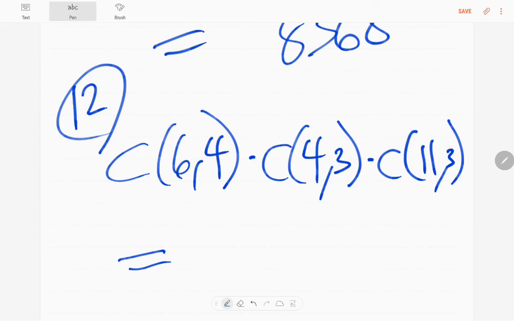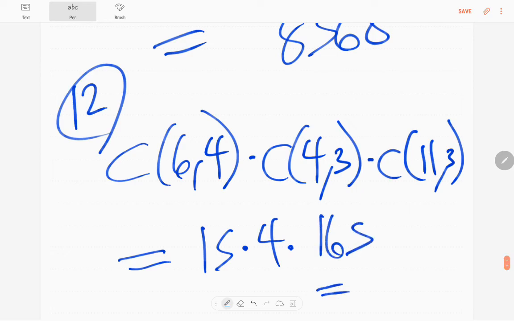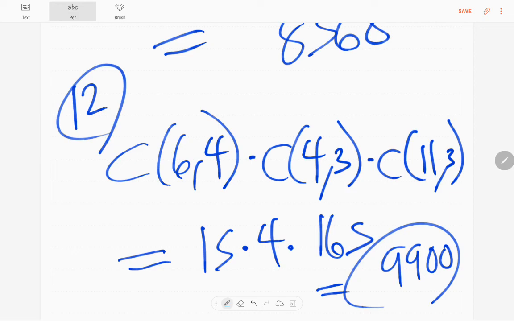How many ways can the committee be formed? That many ways.